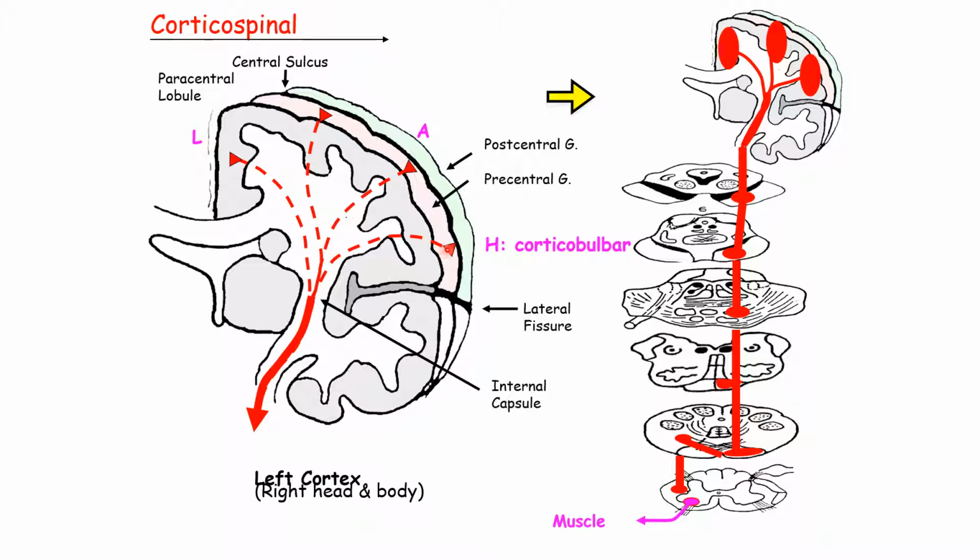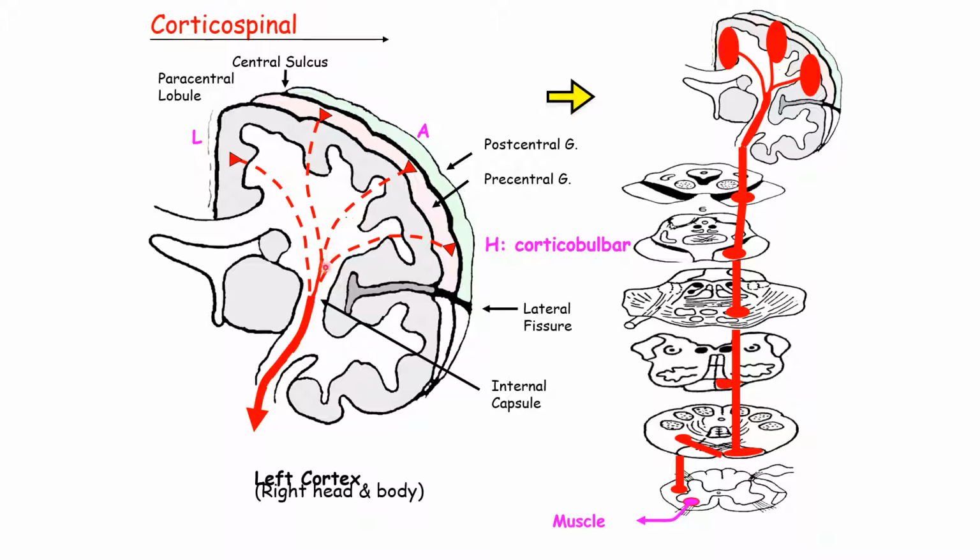And those fibers that leave and are going to activate motor neurons in the brainstem are referred to as corticobulbar fibers. Bulb is an old term for the shape of the brainstem. And these will activate cranial nerve nuclei in the brainstem.